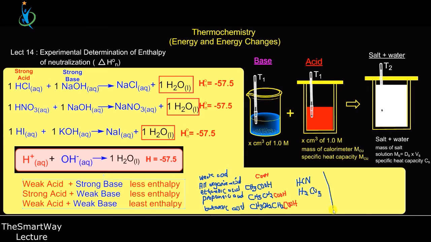Now let me quickly give the weak bases. For weak bases, they are hydroxides of group 3 and group 4 and the transition metals. So for weak bases, we are going to get hydroxides of what?